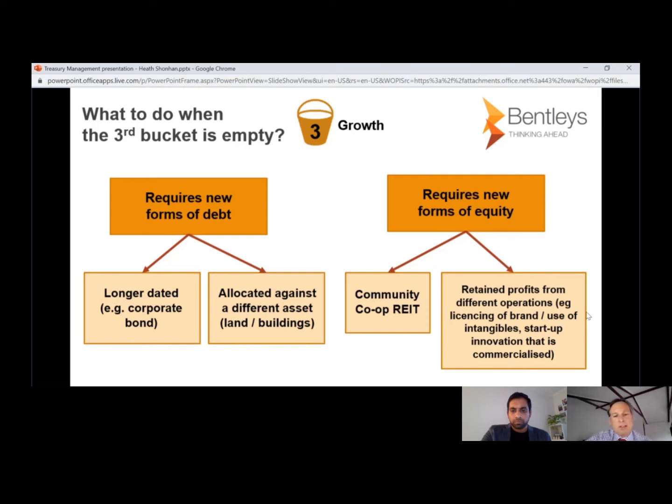The other form that we're increasingly testing at this point in time is around some form of community cooperative REIT.